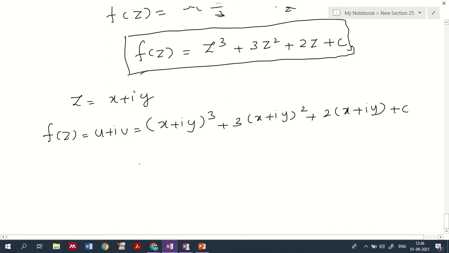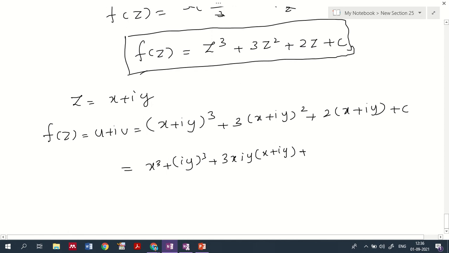Okay. So you'll be having correspondingly, if you expand x plus iy cube, then you'll be getting what? x cube plus iy cube plus 3x iy into, we have done a similar way, x plus iy like, and plus, okay.